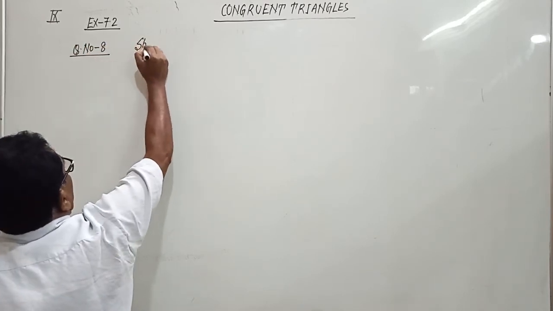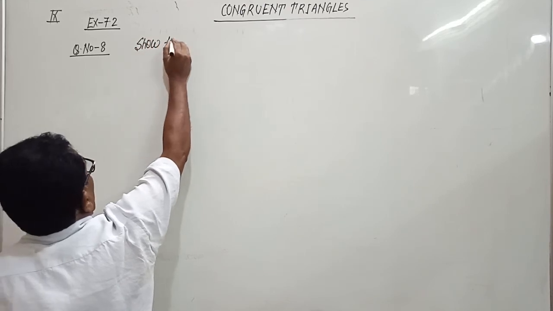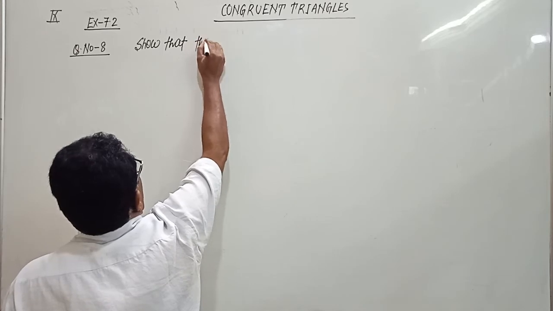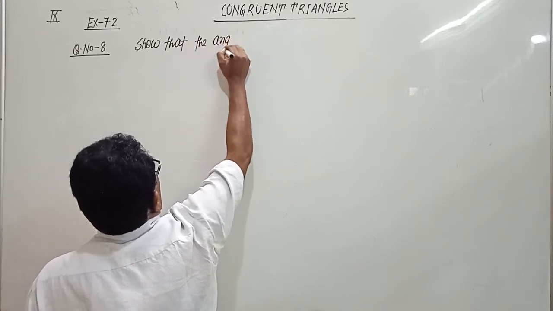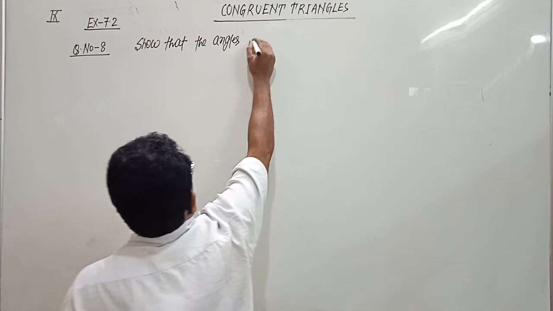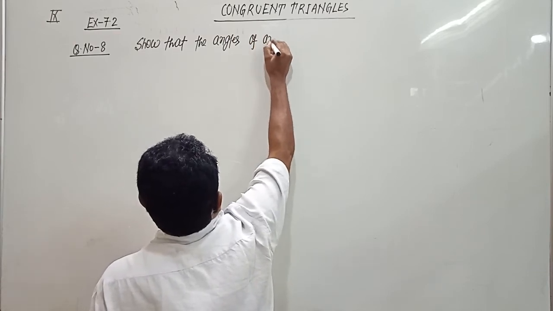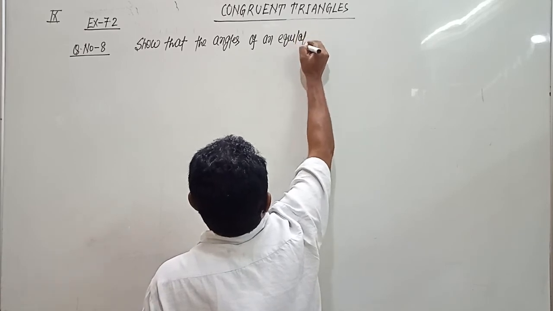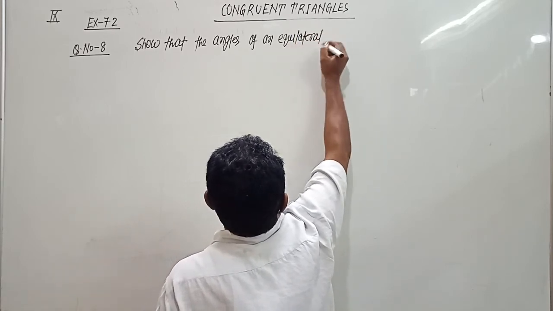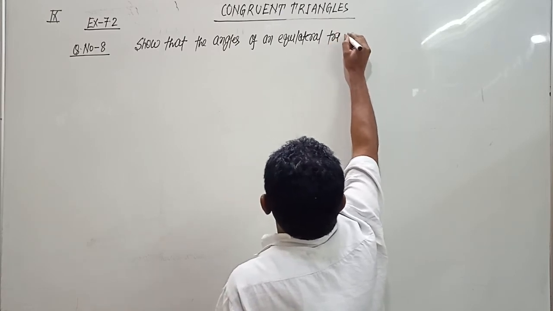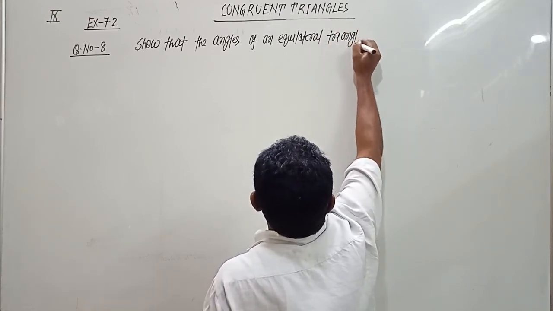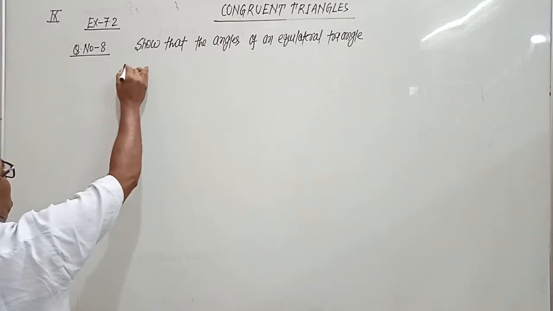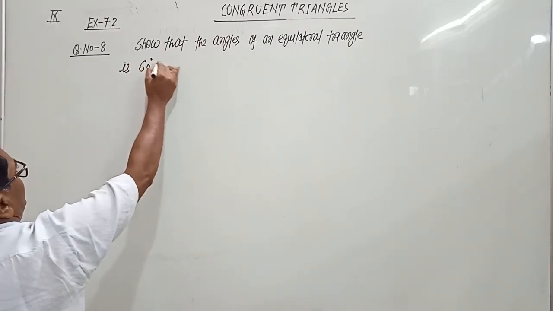Show that the angles of an equilateral triangle are 60 degree each.